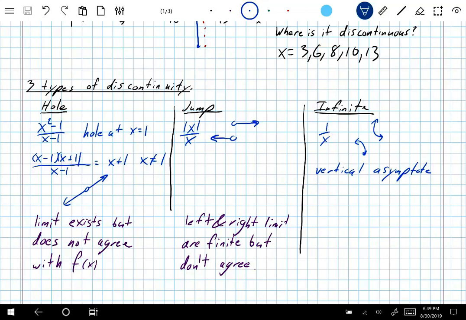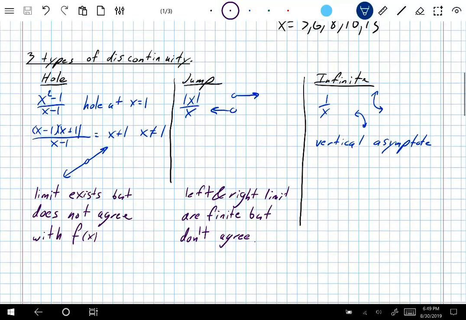And finally, we say it is infinite if, well, what is left? Then we're going to say if the left or right limit, either one, doesn't matter, maybe both, is plus or minus infinity. Okay, so those are the three types that you're going to see.